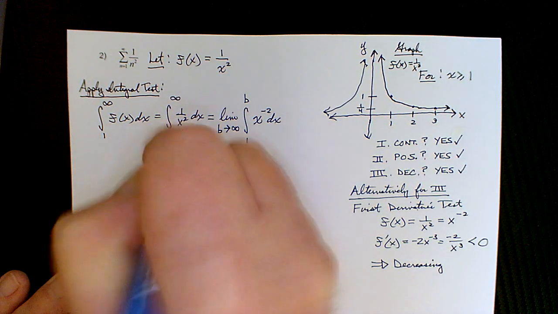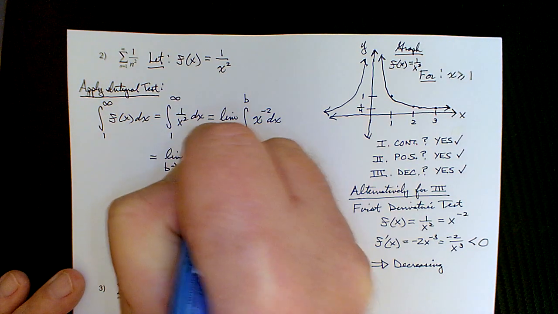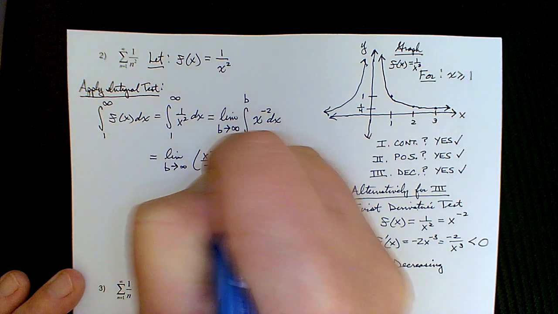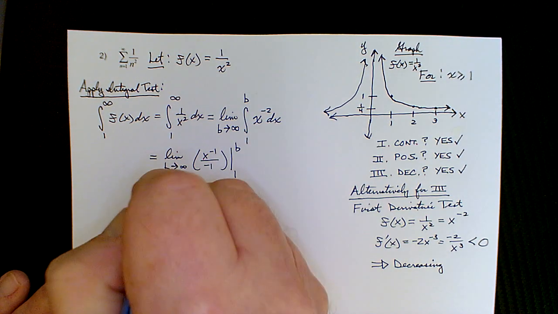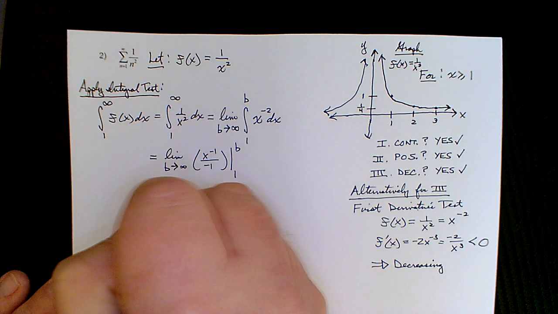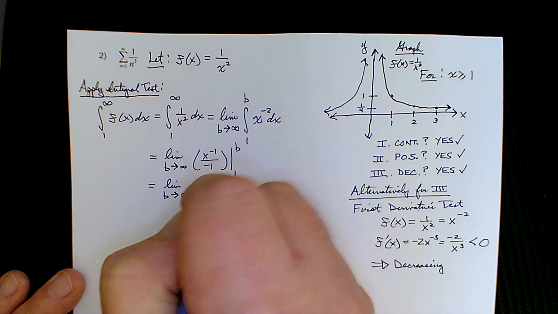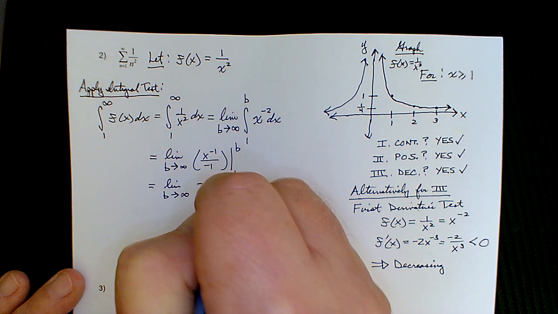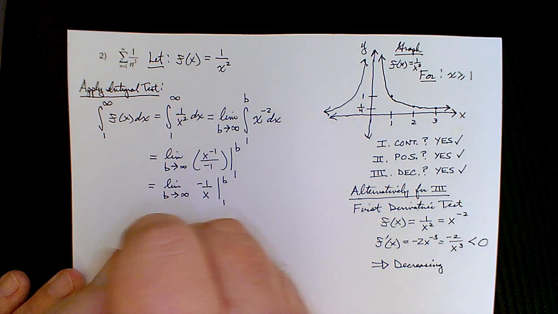And then we can integrate, get this limit out in front, x to the negative 1 over negative 1, evaluated from 1 to b. Before I apply the fundamental theorem of calculus, let's modify the antiderivative. We'll write it as negative 1 over x, evaluated from 1 to b.